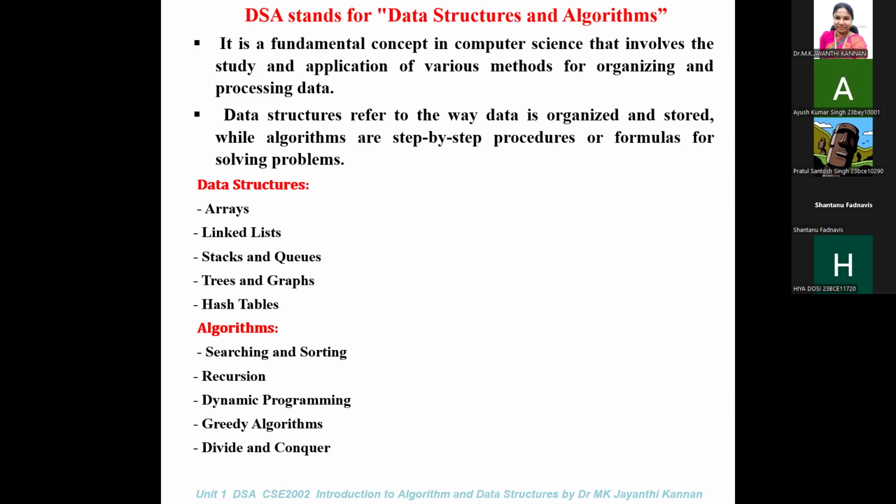So in observation, there should be a margin, date and time, experiment number one, title of the particular experiment. Then we'll have aim, algorithmic steps. Then we'll have the diagram, flow chart or UML diagram or entity relationship diagram or data flow diagram. Then we'll have the program in C or C++ or Java. Then we'll have the sample input output. Then we'll execute the program in the system. Then we'll show the output.